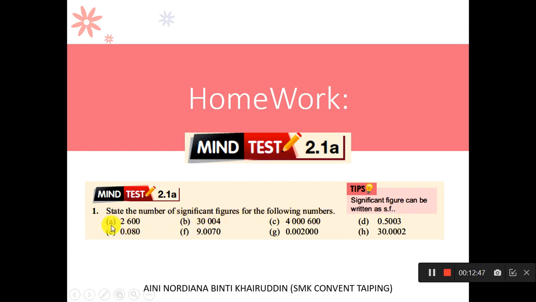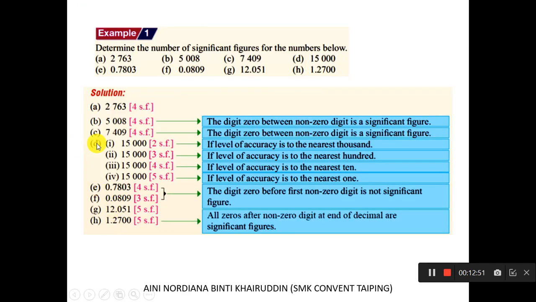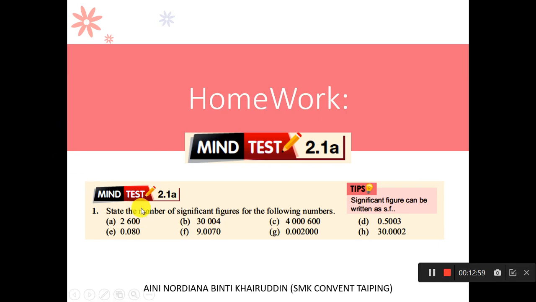For example, A. So A is just like the question here. You can give your answer as 2 significant figures, 3 significant figures, or 4 significant figures. The 3 answers are accepted.